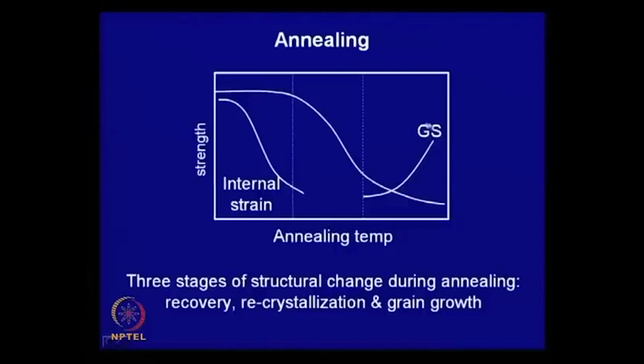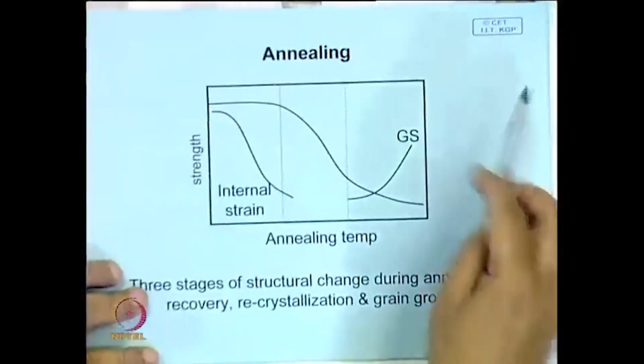Whereas the grain size, you will find over here, you have very fine grain, but if you still raise this annealing temperature beyond a certain temperature, these grains keep growing and can even become very large. So, what it means is that you can divide the process of annealing into 3 distinct stages, which are shown here in this diagram.